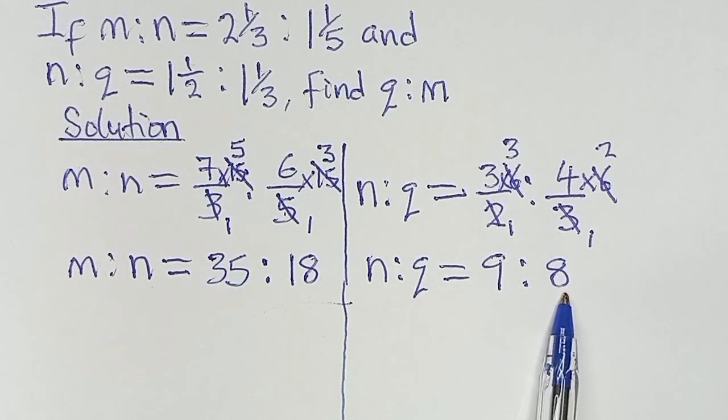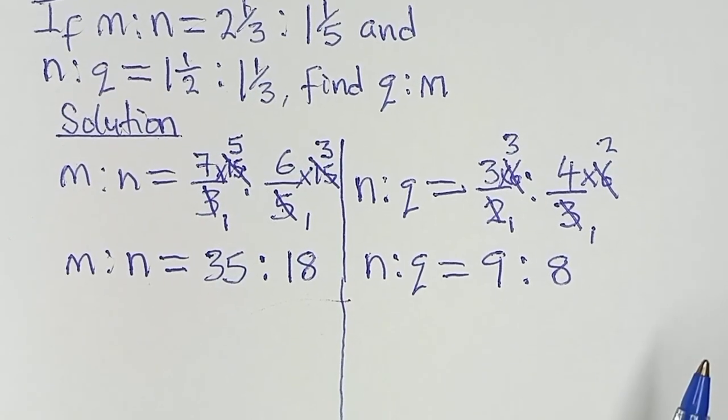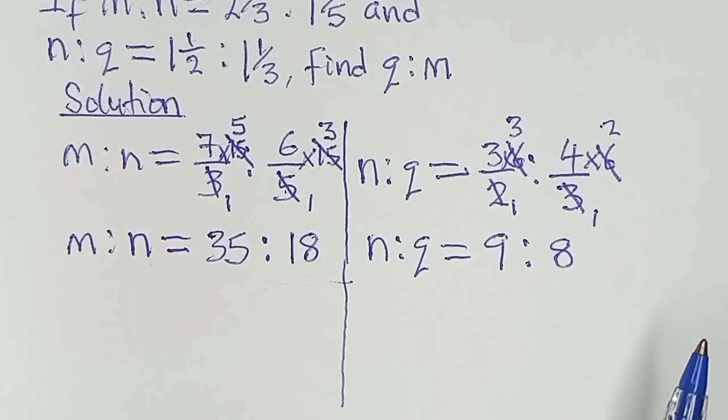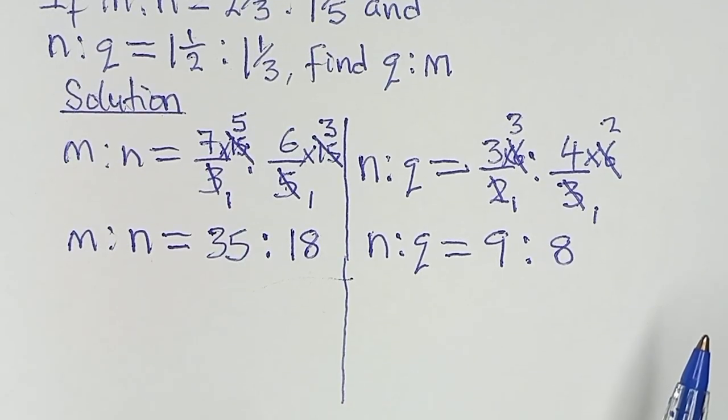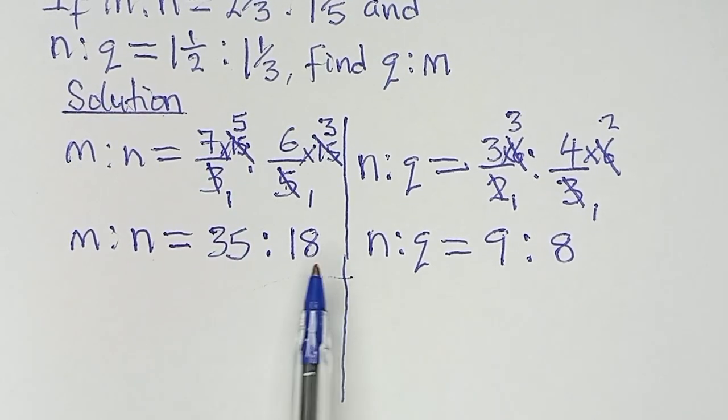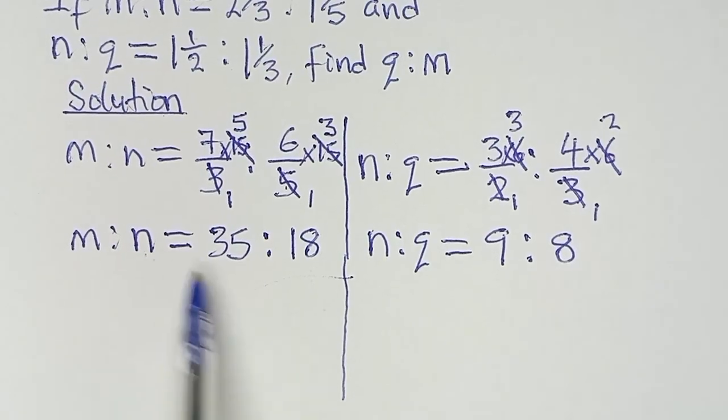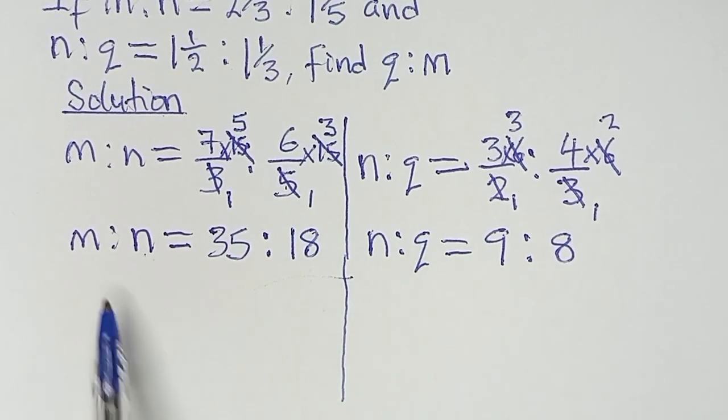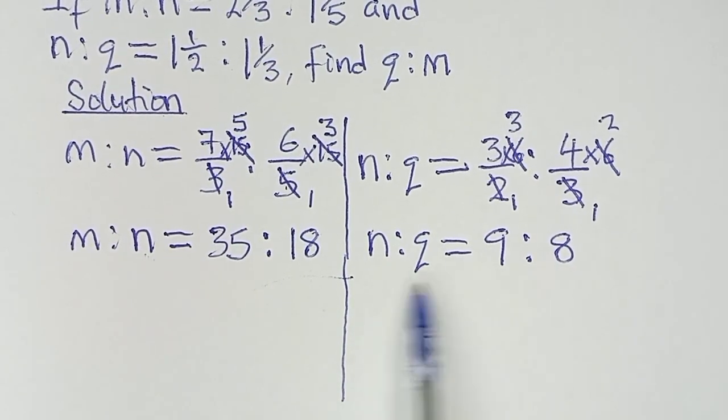Now, for it to be possible for me to combine the ratios, I have to make the values of n in both ratios equal, because n is here and n is also in this ratio.